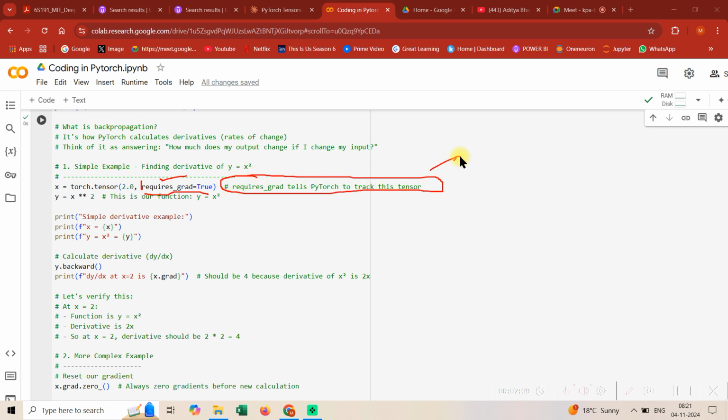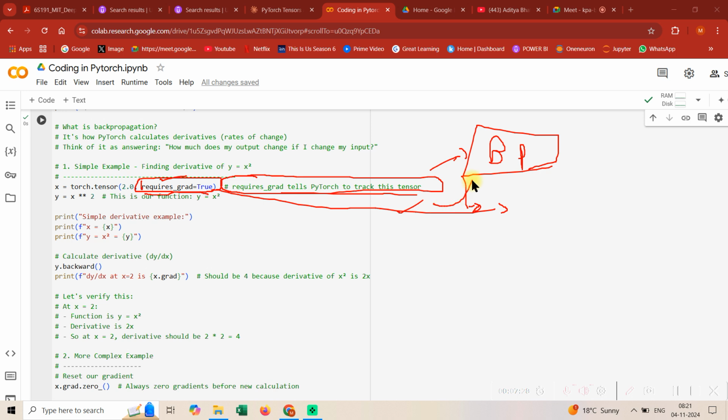As I said guys, you would be doing a lot of backpropagation and other complicated algorithms, and you won't be coding them from scratch. So essentially you are letting PyTorch do all those things for you, but it needs to understand that it has to track the tensor. This parameter allows it to track the tensor and then later compute the backpropagation more efficiently.